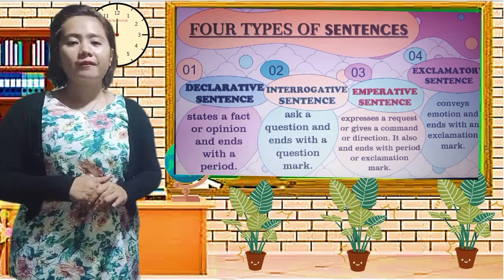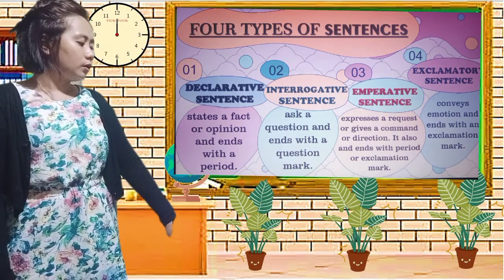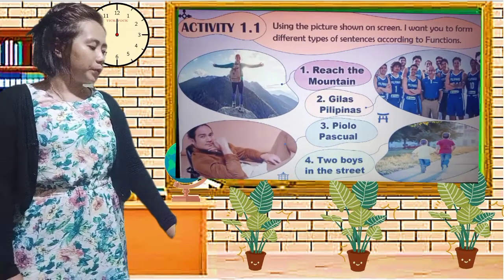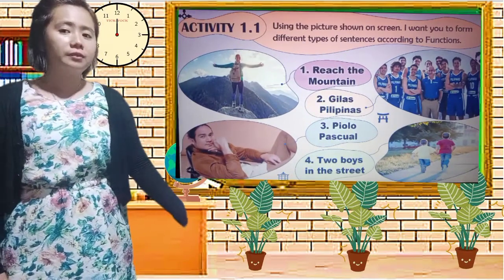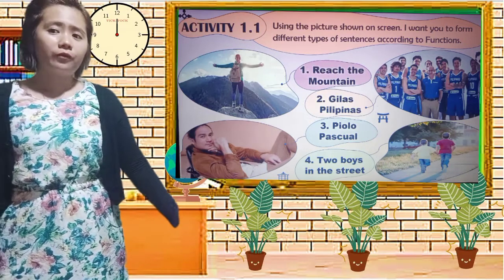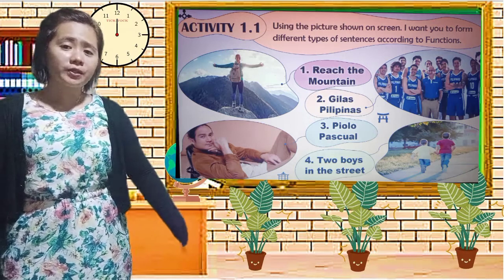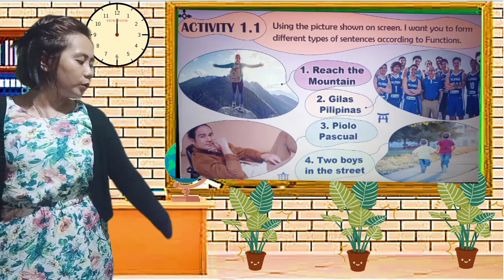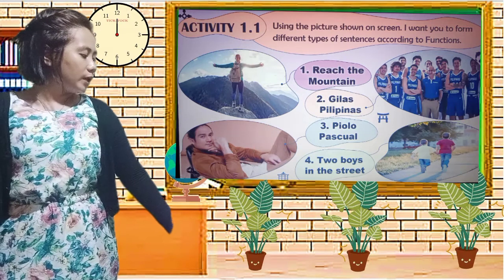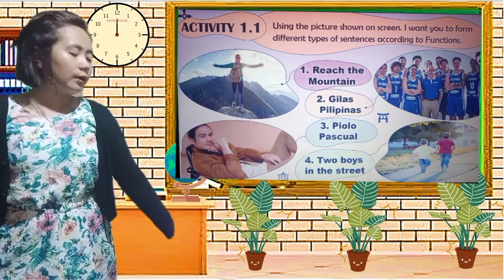Now, let's have a short activity. Using the picture shown on the screen, I want you to form different types of sentences according to functions. Example number 1, I have here the picture showing that she reached the mountain.